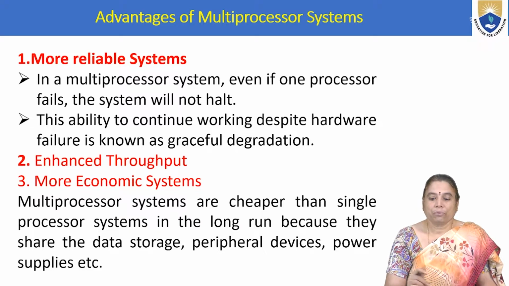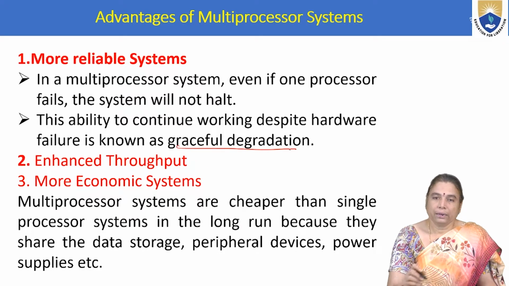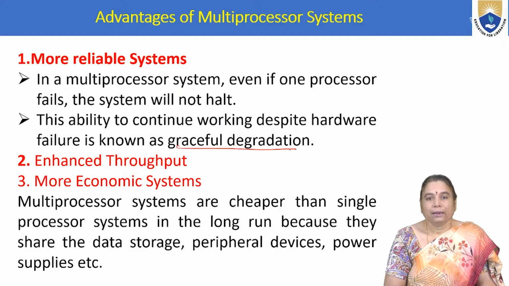This is known as graceful degradation. Another advantage is enhanced throughput: tasks can be executed concurrently. Either arithmetic tasks or instruction cycle steps can be executed in parallel, thereby enhancing the throughput, that is, the number of processes executed per unit of time increases.